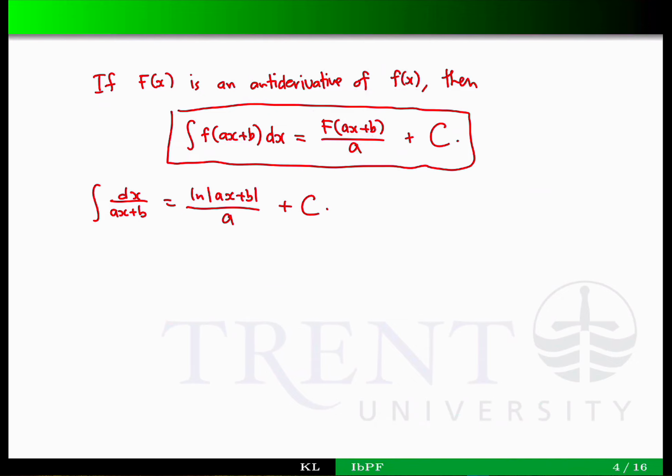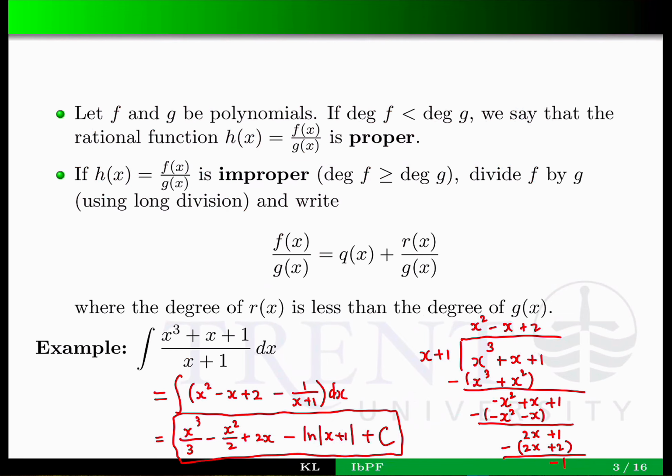Just a simple remark. So we can always skip u substitution just like what we did here. We skip the u substitution and simply write ln absolute value of x plus 1. Take note, the coefficient of x here is 1, so this one is actually over 1, but we can remove that. Okay?